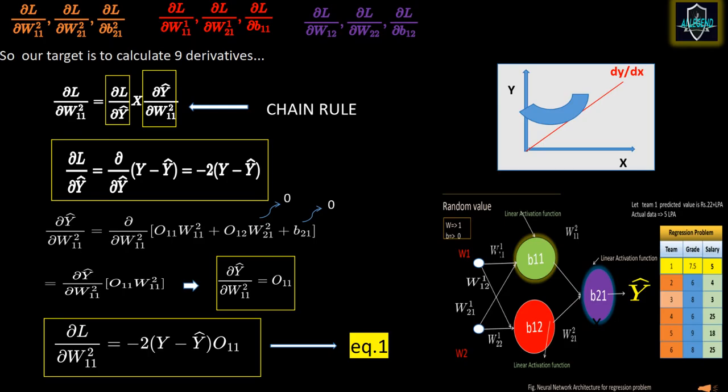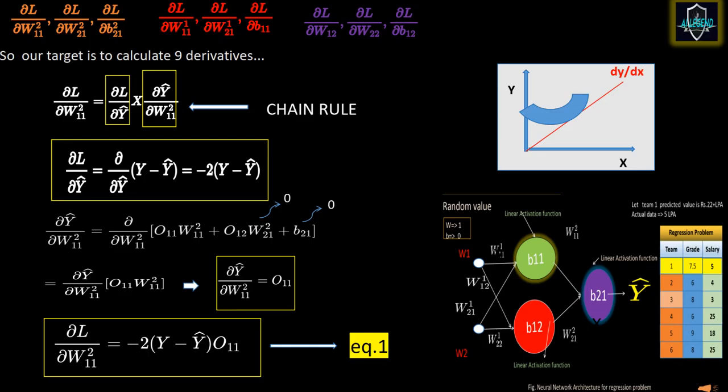But if you understand this change, you will see W211 is not directly related to the loss, which means its change will not directly reflect there. If we make some change in W211, then our y hat will change, and when y hat changes, some change also reflects on the loss. You can't directly find del L until you find del L over del y hat, multiplied by del y hat over del W211.